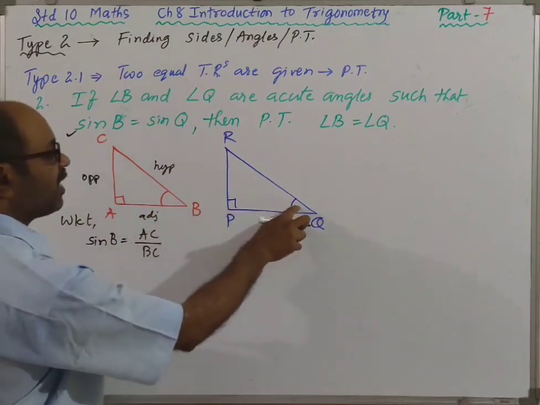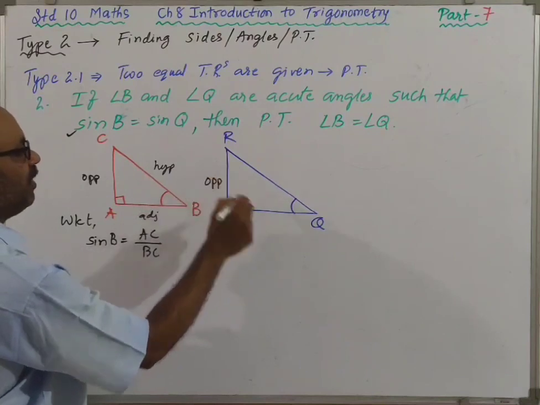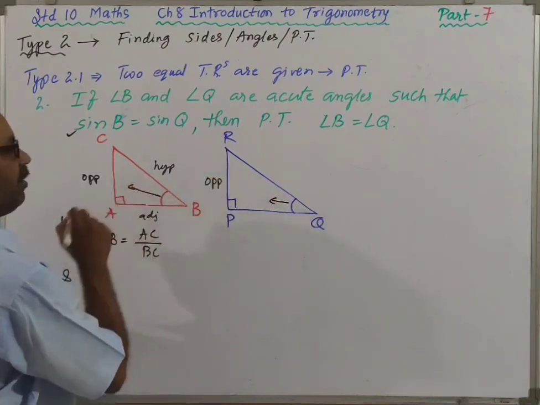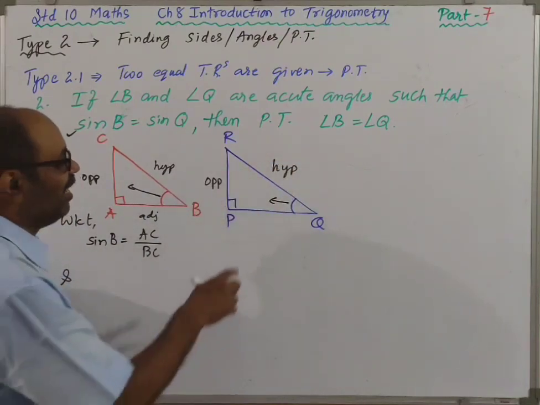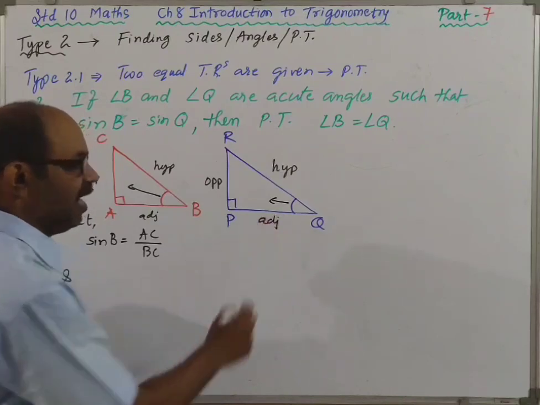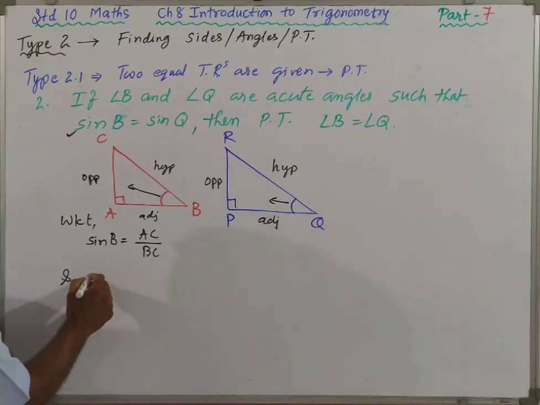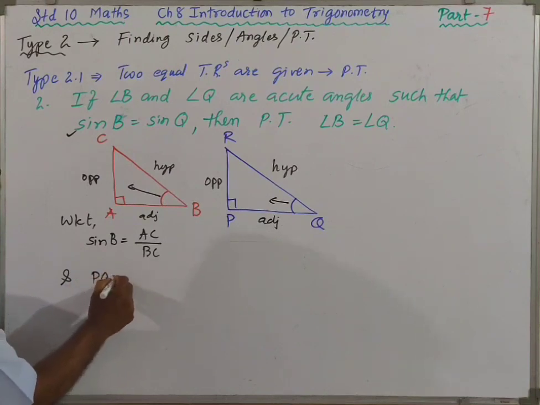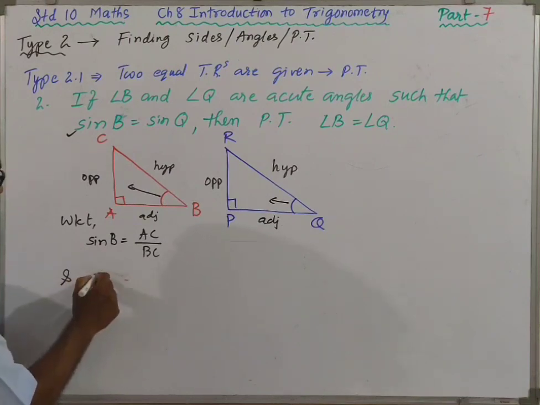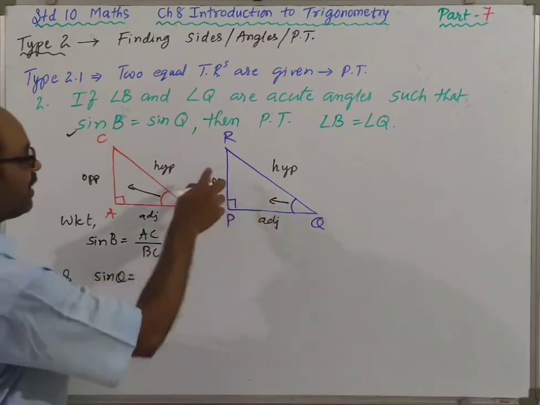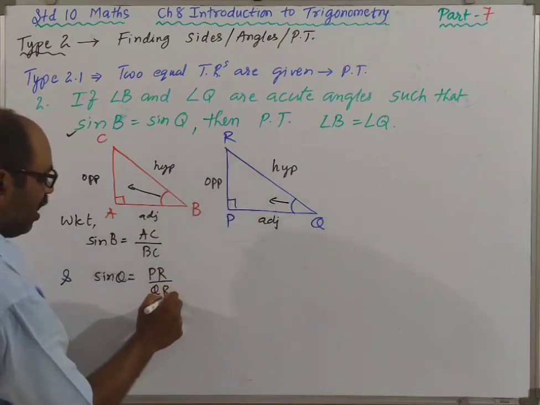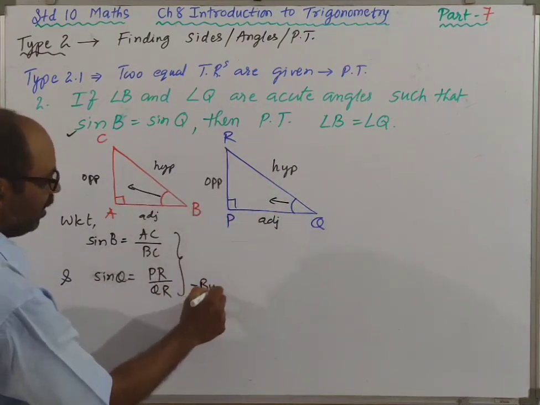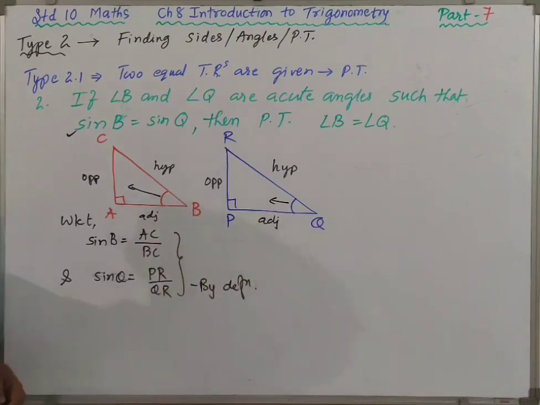And sine Q, the opposite side with respect to Q is PR. Hypotenuse is always the side opposite to the right angle, and PQ, the left side, is the adjacent side. So sine Q is opposite side PR upon hypotenuse QR. This is by definition. Let's call it 1.